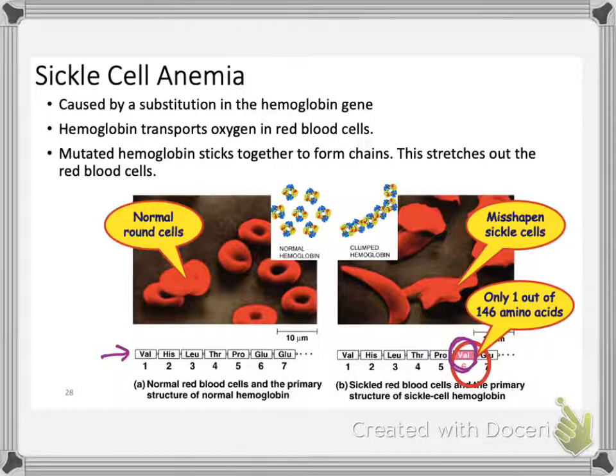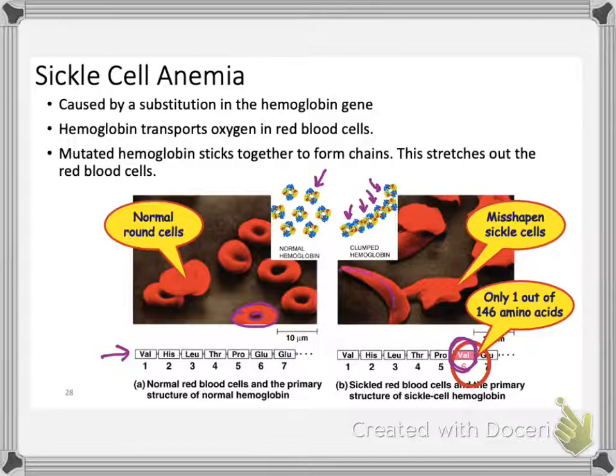Okay? Normally hemoglobin is these individual little proteins that float around in our red blood cells, and our red blood cells look almost like little dimpled donuts. However, because of the valine in the mutated form, and valine is hydrophobic, it doesn't like water, so the hemoglobins don't want to be in water, and they stick together and form these chains.